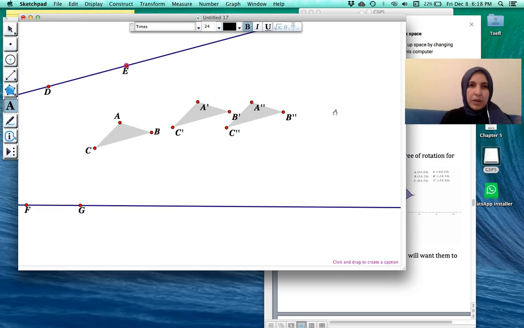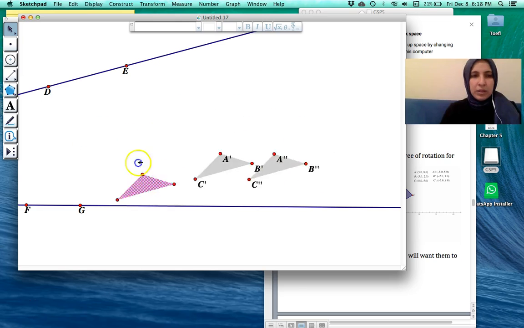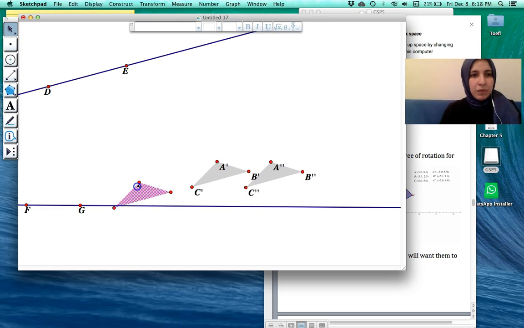Explain. I drag a point on the triangle ABC. It does not change anything on the other triangle. On the other hand, when I move the triangle ABC, I realize that all the triangles are moving. Look at this one. Yes, all these are moving.